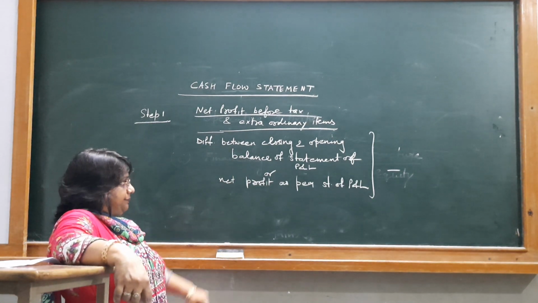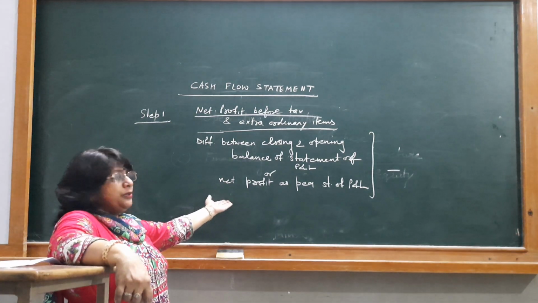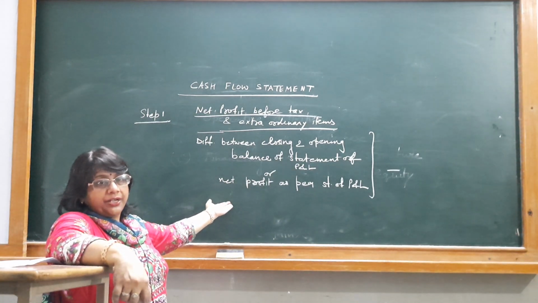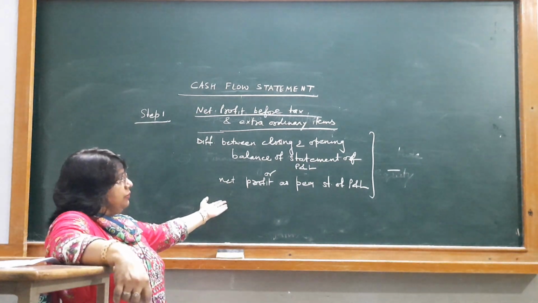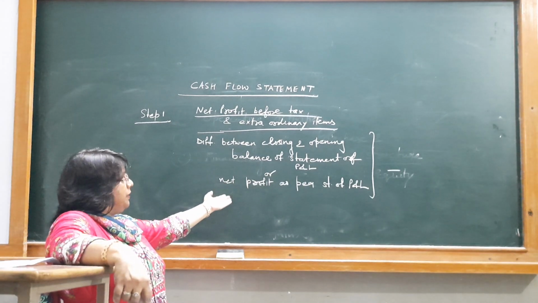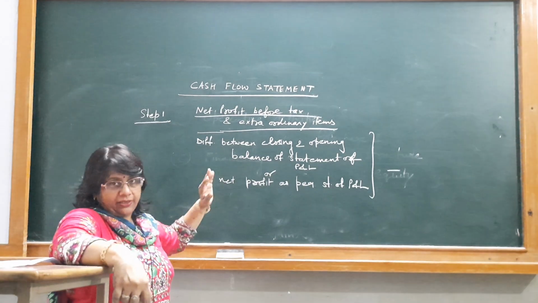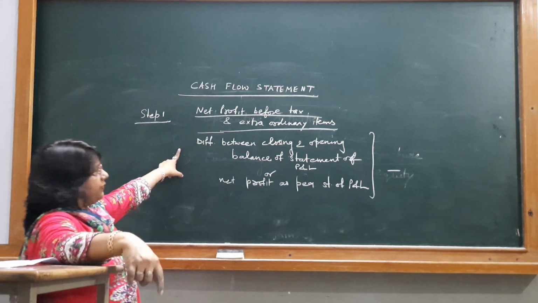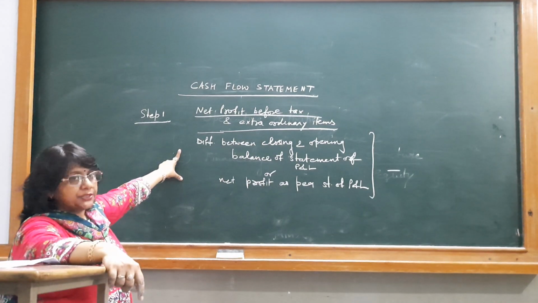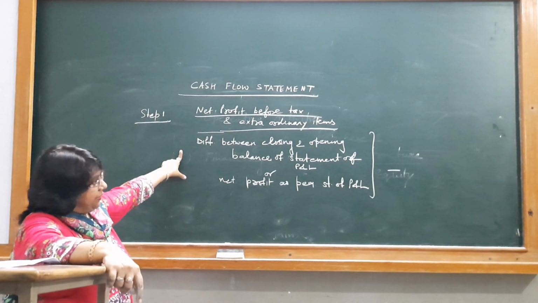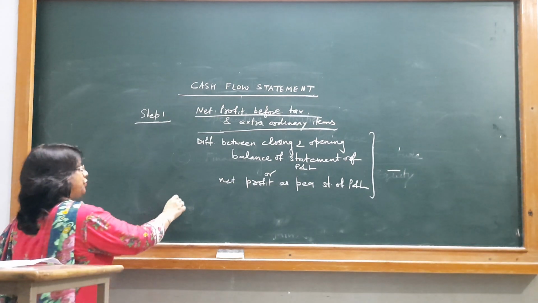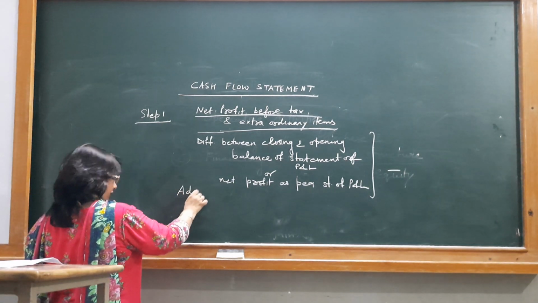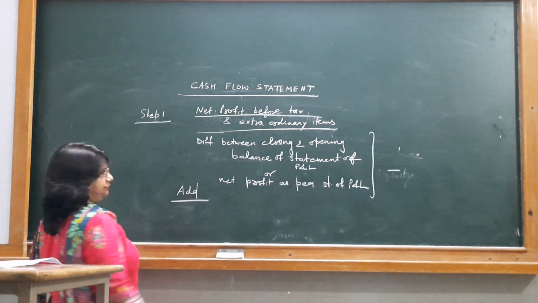Or suppose you are provided with a statement of profit and loss, the P&L account is prepared to calculate net profit. So whatever option is provided in the question, you have to select that.